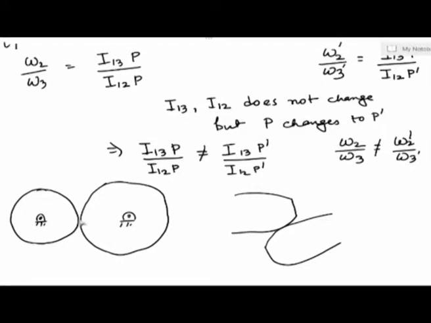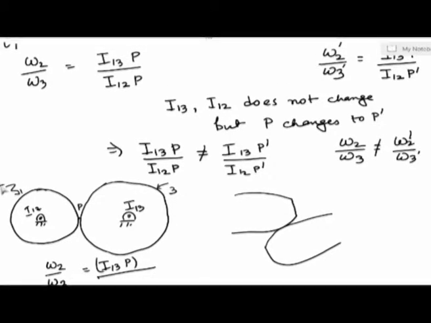So, now at this point P, if I again call these I12 and I13, then omega 2 by omega 3 is I13P by I12P, where these are the distances between the point P, which is the point of tangency between the two circles, and the revolute joints of disc 3 and disc 2 with the frame.